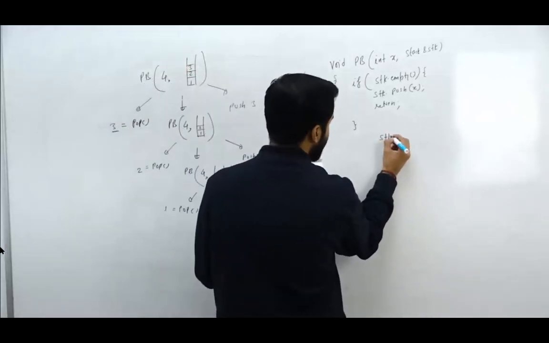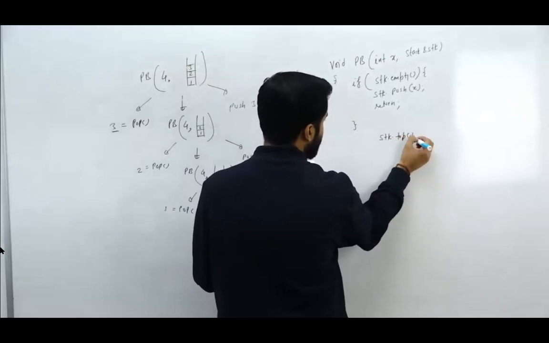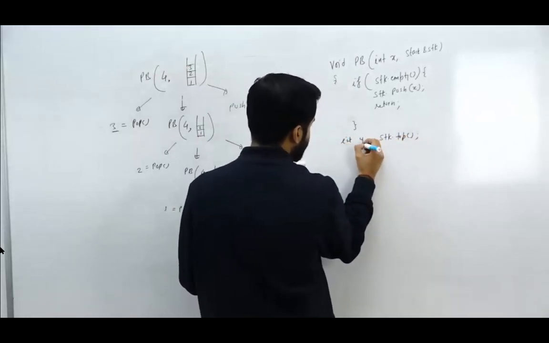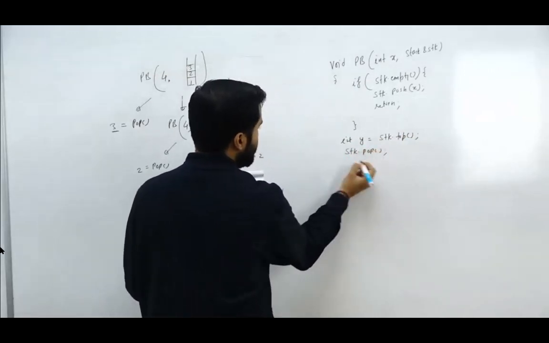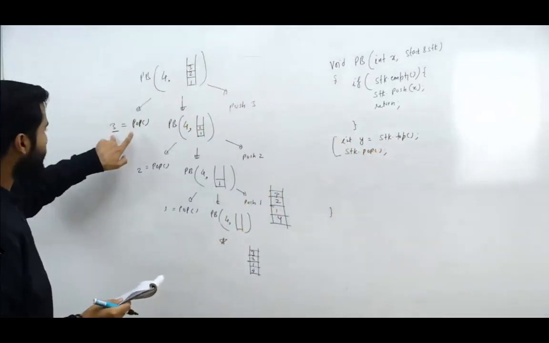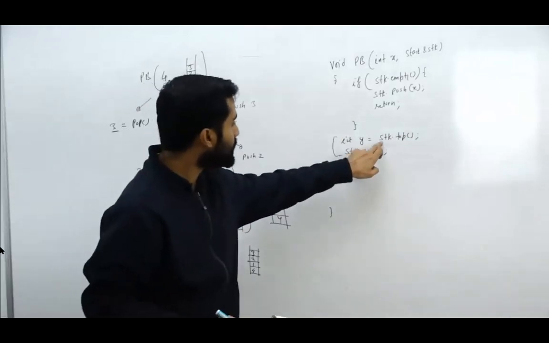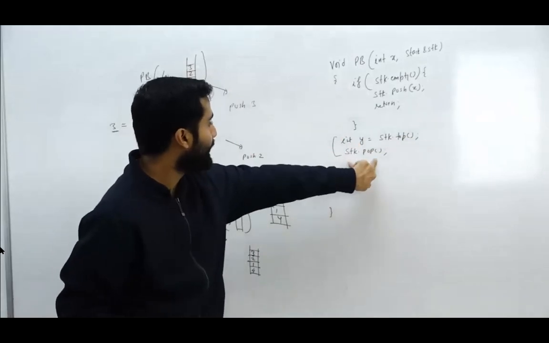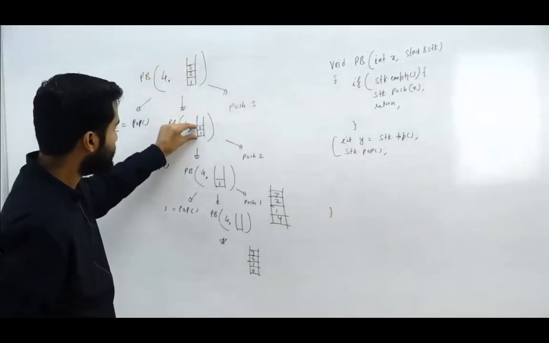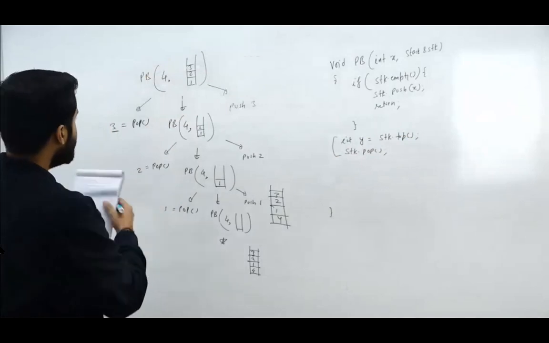So if you do stack.top and store it in maybe y, after this you can do stack.pop. When you combine these two steps, you are remembering the topmost element in a variable y, and then you are removing it so that your stack from this much becomes this much. So your first step is done.